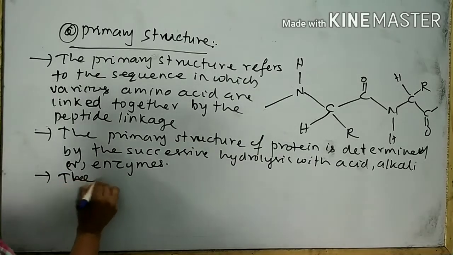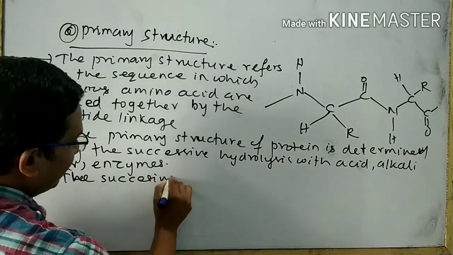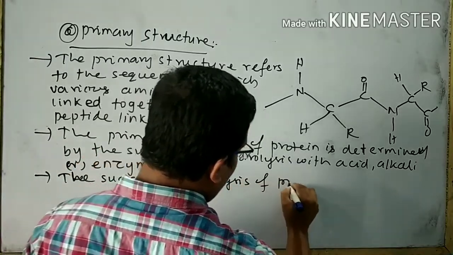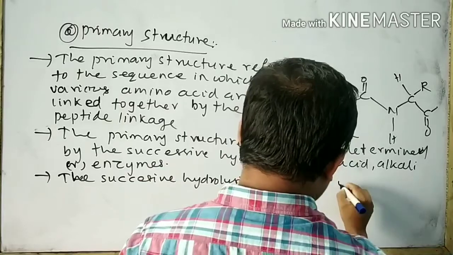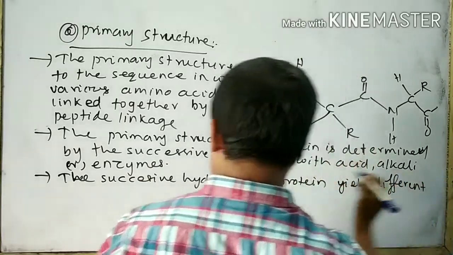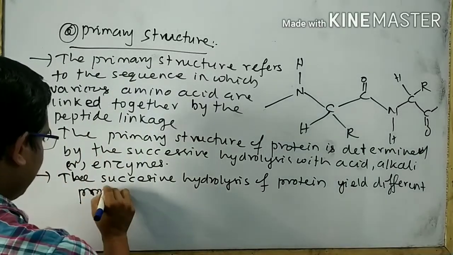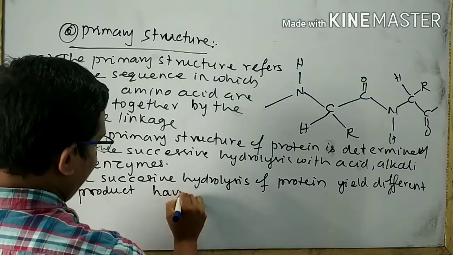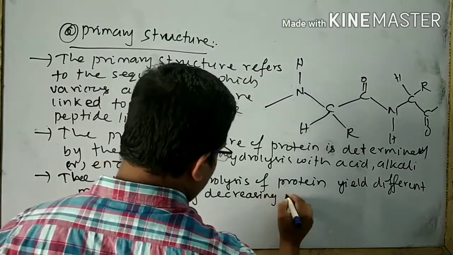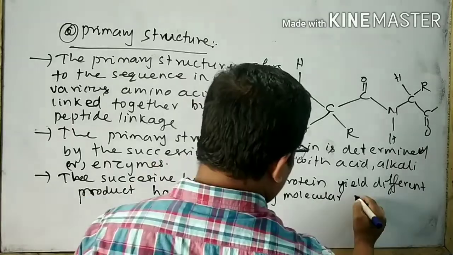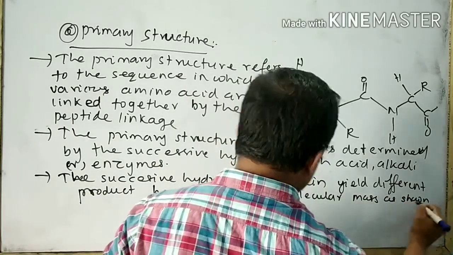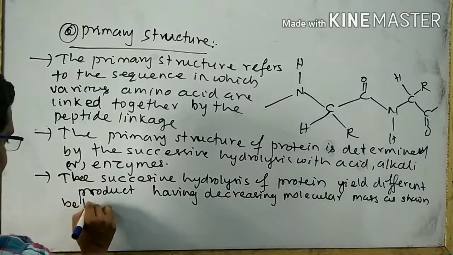The successive hydrolysis of protein yields different products having decreasing molecular mass, as shown below.